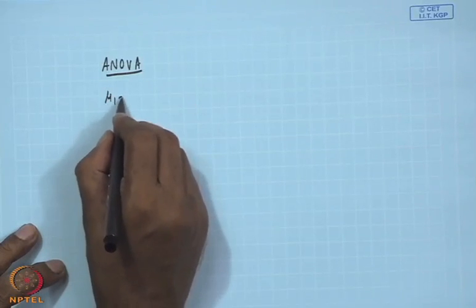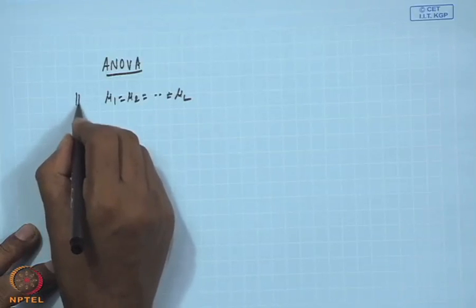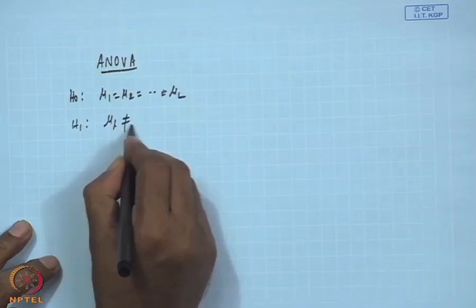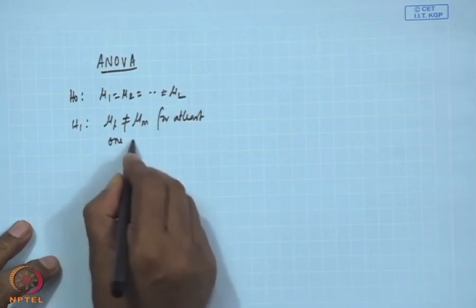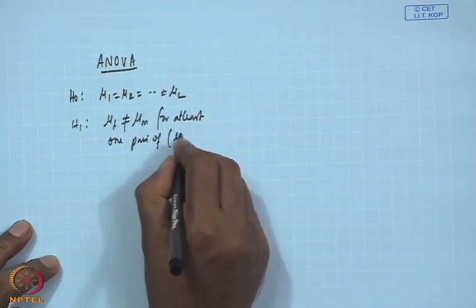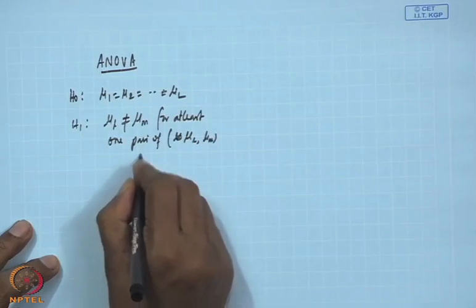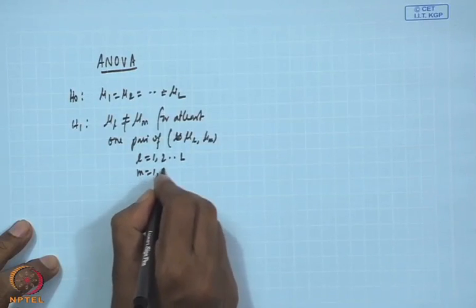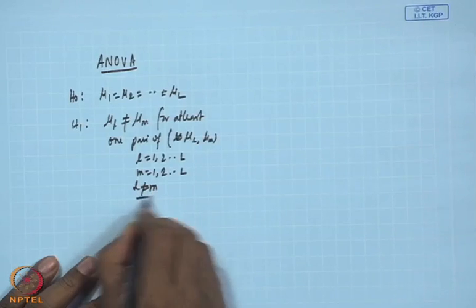You said mu 1 equal to mu 2 equal to mu L, that is your H0, and your H1 is mu L not equal to mu M for at least one pair. One pair means either mu L or mu M, L equal to 1 to capital L, M equal to 1 to capital L, and L not equal to M.